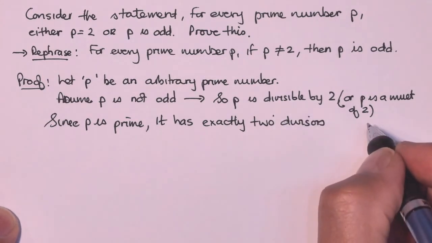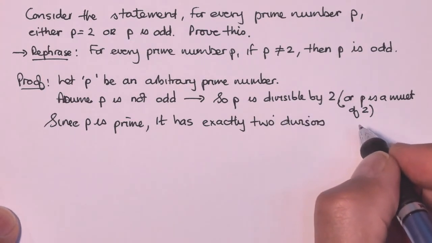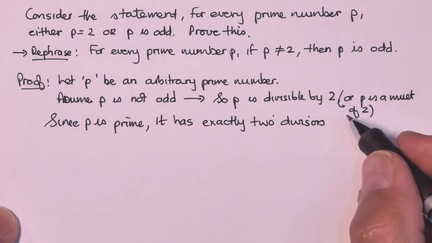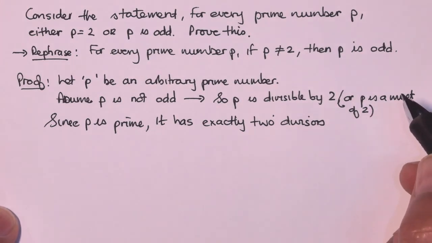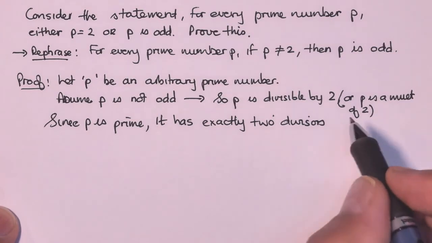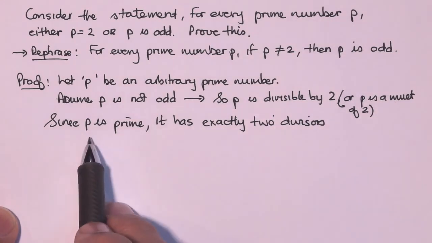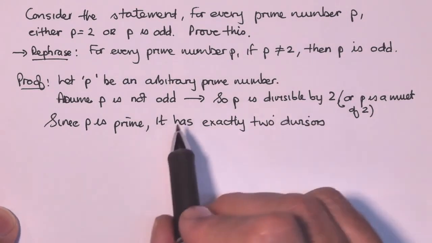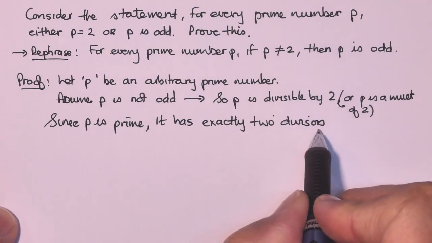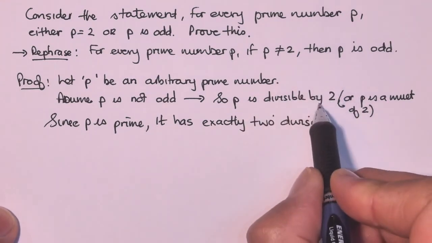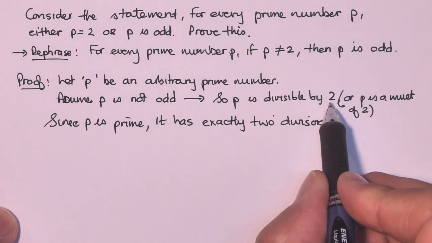And what are those divisors? Well, it has 2 as a divisor, so p must be divisible by only 1 and 2. Okay? So it has exactly 2 divisors. Remember, it's an even number. So we said it's divisible by 2.